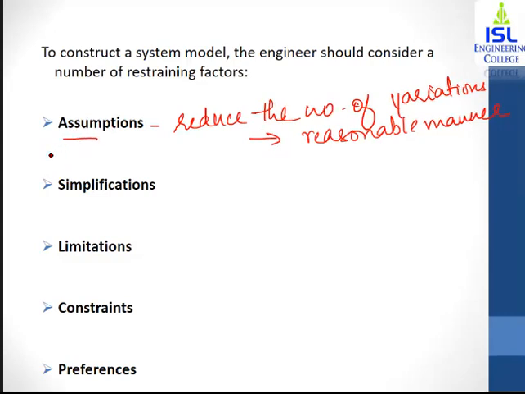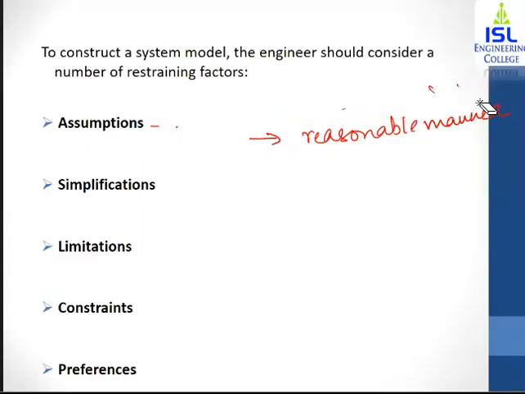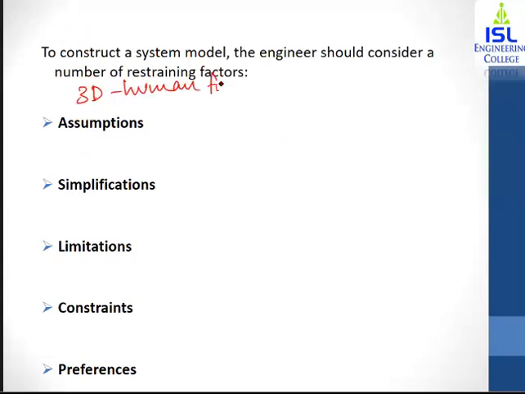Now if we take an example for assumptions, suppose a company is designing a 3D human form. Now this 3D human form means you're designing a particular robot. Whenever you're designing a robot, you're going to design focusing on a specific human.